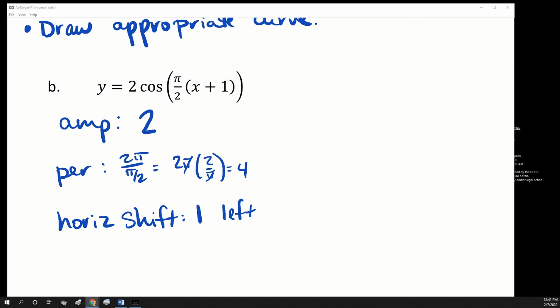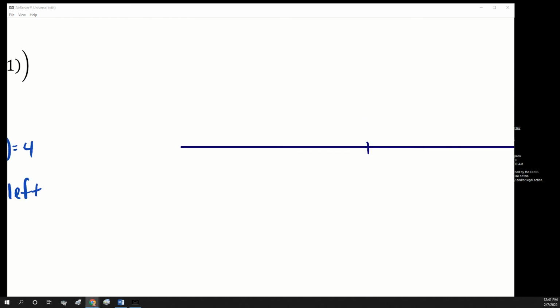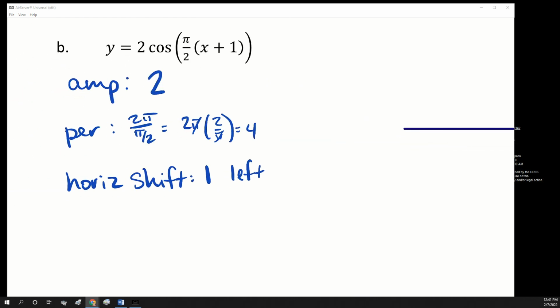Okay, so I'm going to go ahead and draw my x-axis. And then directly in the middle, we want to label that according to the way this shifted.